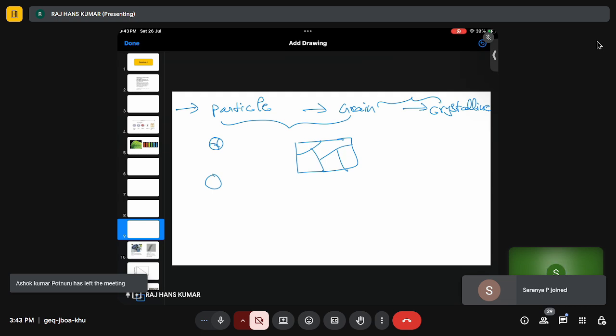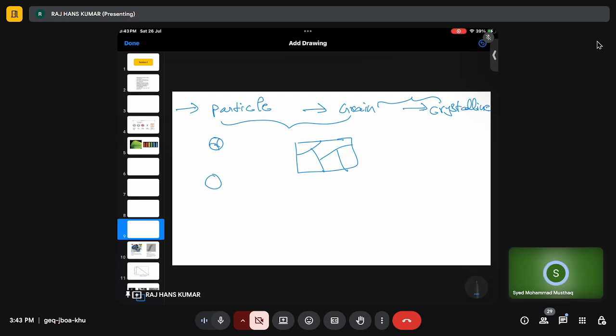Now, moving to grain. A grain, as I have said before, has a periodic arrangement of atoms, right? So for example, this is my lattice. This is a chain of atoms.